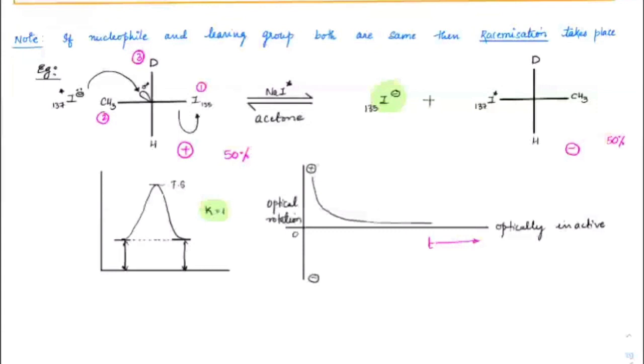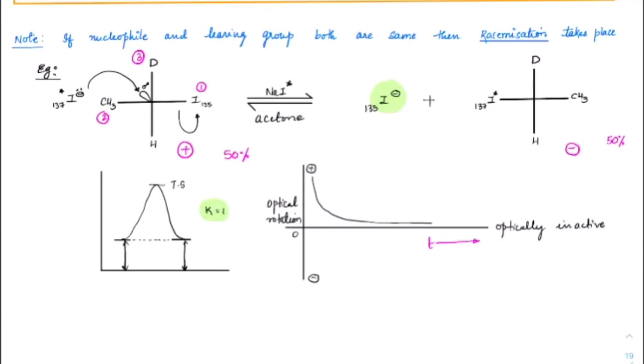One question students usually ask me is, sir, these two are isotopes, correct? Then don't we consider that the angle would be different, the absolute angle which you will see on the polarimeter? See, these are very heavy isotopes.